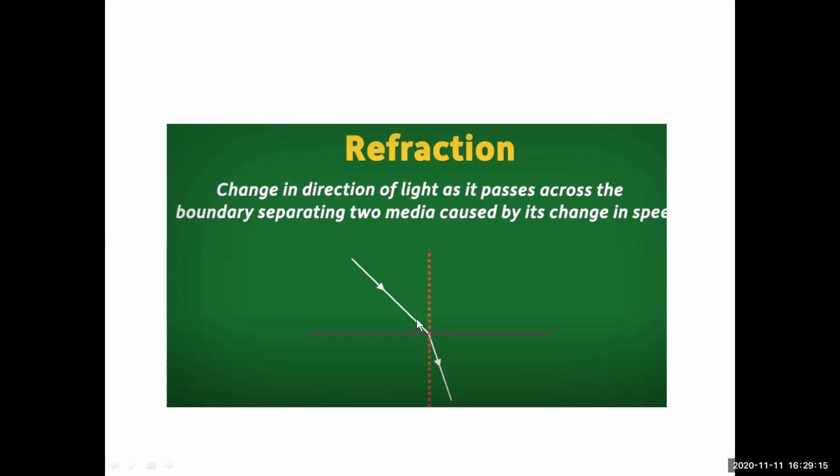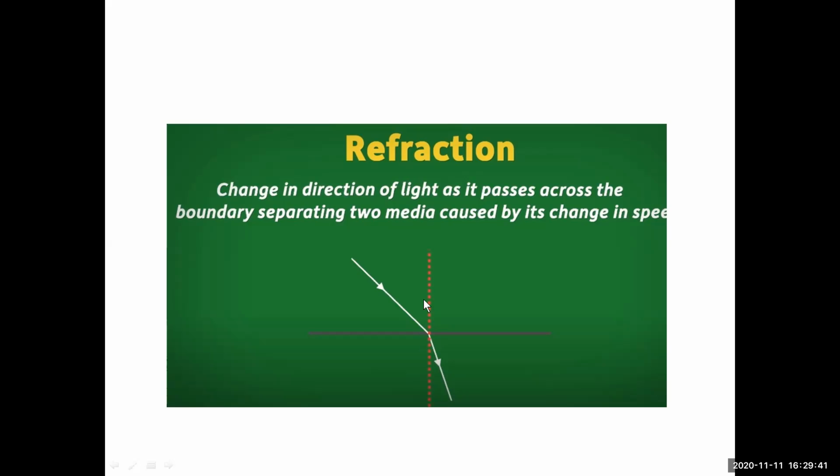This is the light ray which is falling on it, and the angle made between the normal and the light ray is called the angle of incidence. This is the refracted ray, and the angle made between the normal and the refracted ray is called the angle of refraction.